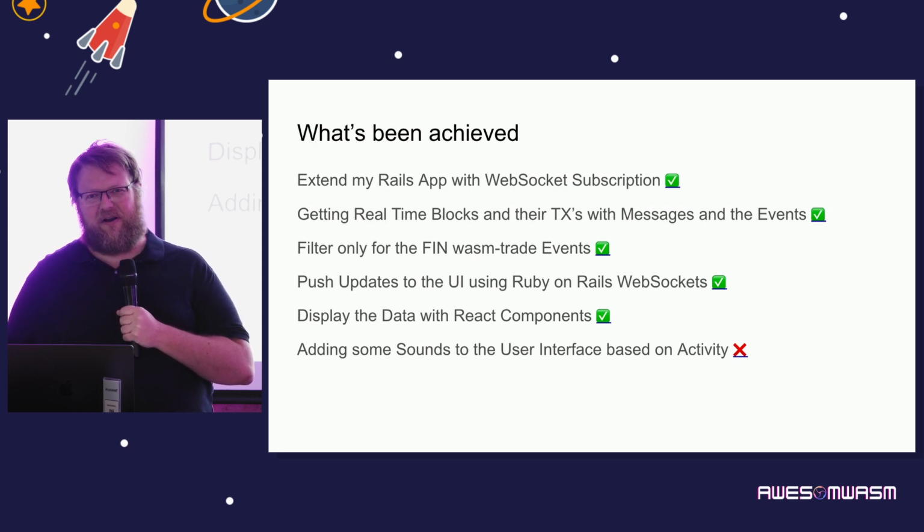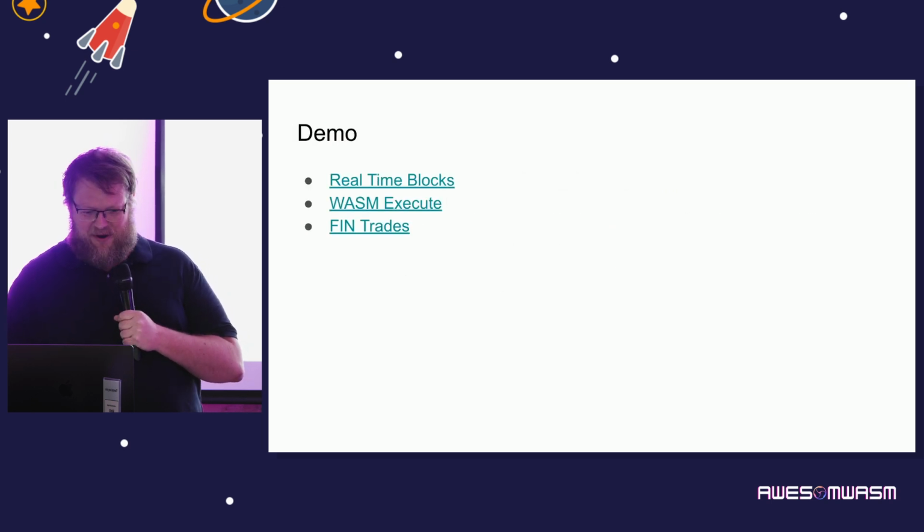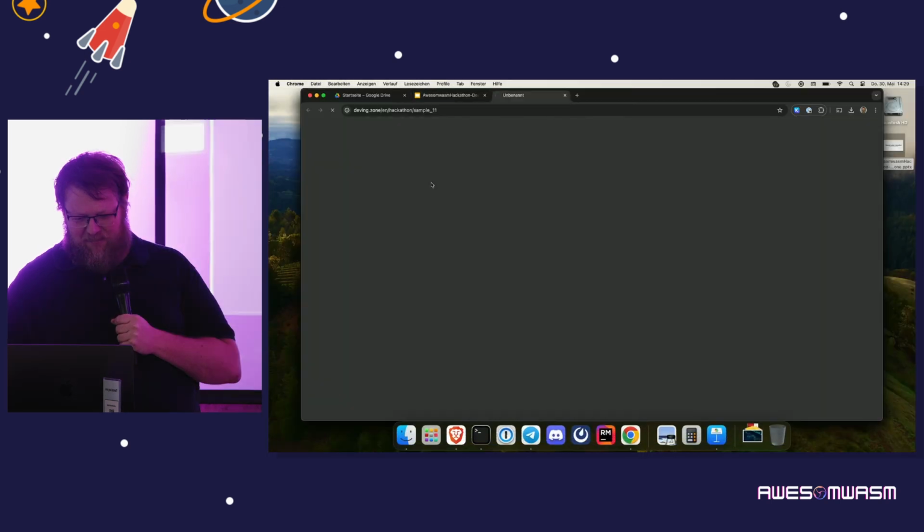And then the whole thing gets pushed to the user interface using the Ruby on Rails WebSocket libraries, and is then displayed with React components. One idea was to add some kind of sounds or to actually visualize the data, but that will be done later. So here is a short demo.